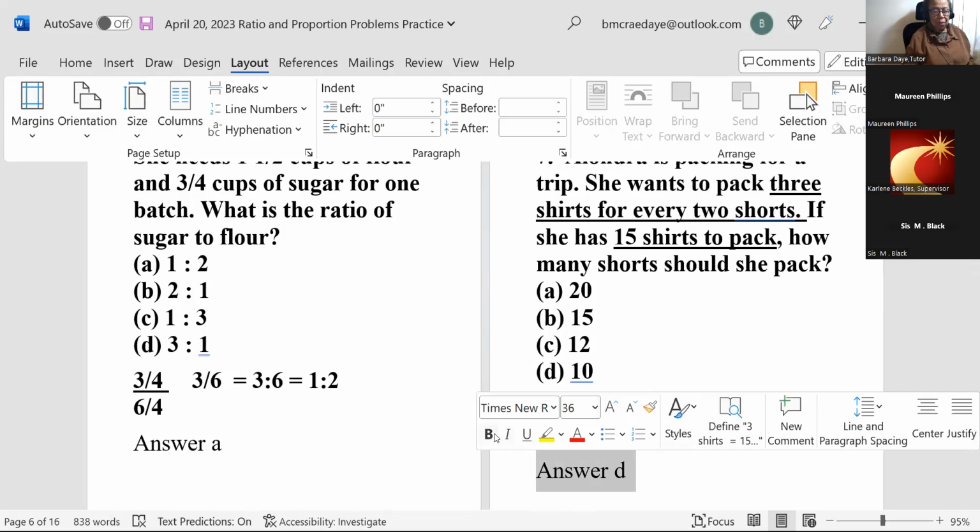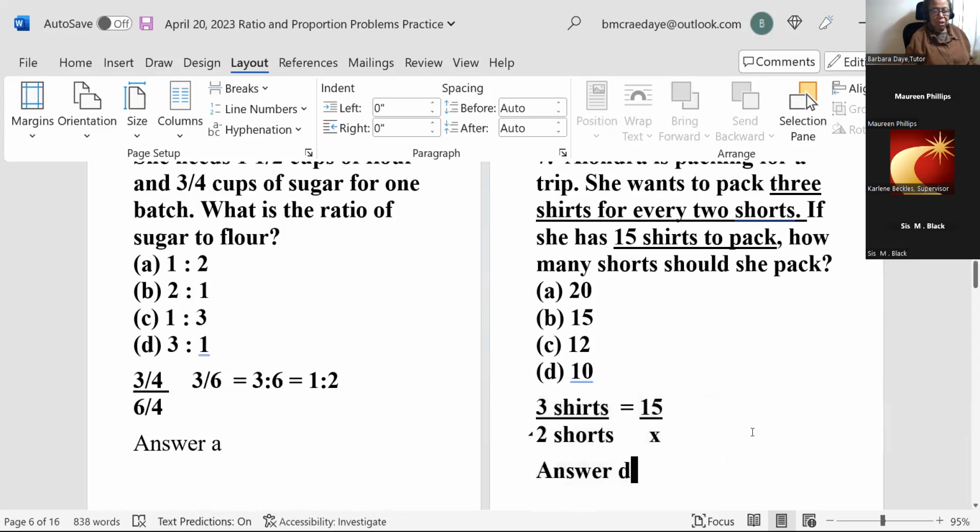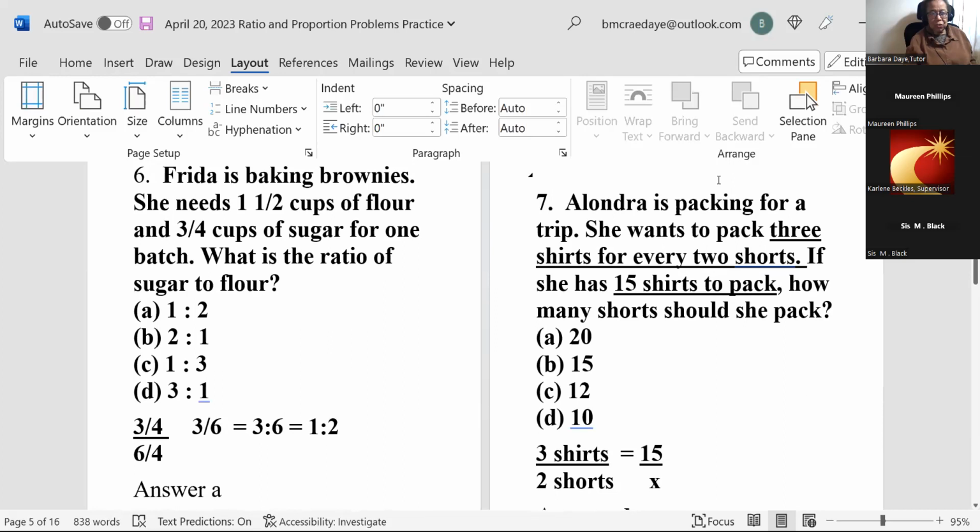Even though I'm going through the proportion, we don't always do them like this, because sometimes with mental math you can determine it. With 3 shirts and 15, you got 5 times the number of shirts, so you got to have 5 times the number of shorts. That's 10, right? It's good to have more than one way to do it.